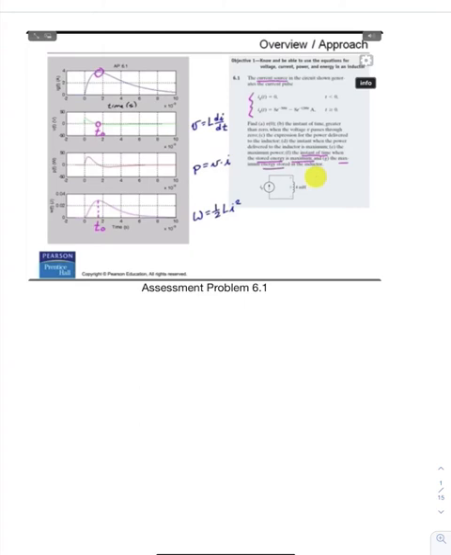The current source in the circuit shown generates the current pulse as such. So we have a circuit that looks like this, and it has an inductor here. So this is I sub G, and the inductor has a value of 4 millihenry.